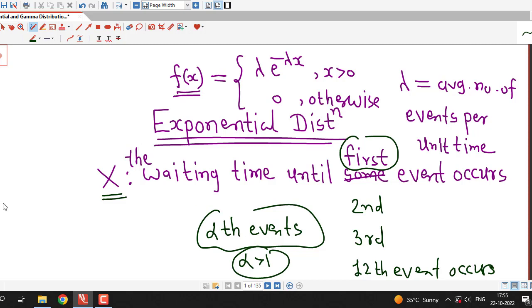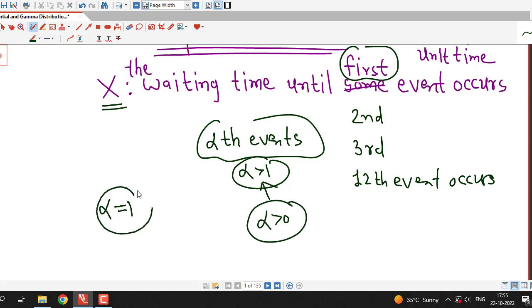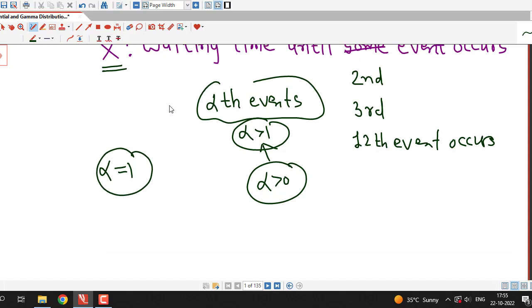then comes the role of gamma distribution. So we keep in mind that if we want to model the waiting time until the alpha-th event occurs, where alpha is a positive real number, it can be any positive real number, then we require gamma distribution, and for alpha equal to 1, gamma distribution will be equal to exponential distribution.